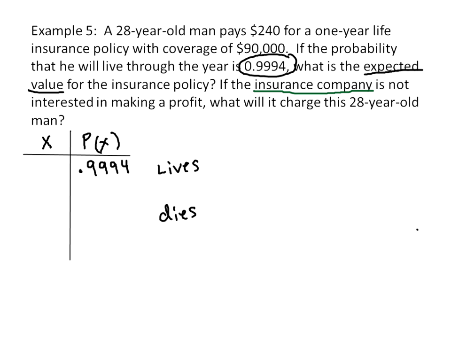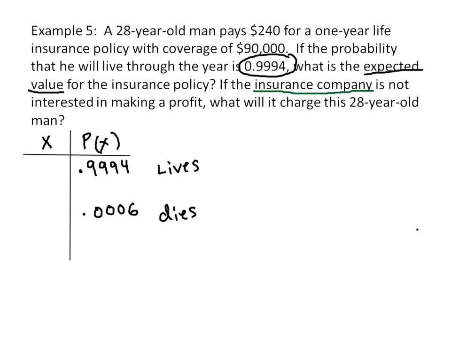Okay, it's supposed to equal 1. So if we know the probability that he lives, we should know the probability that he dies, because whatever adds up to 1. So we just subtract it from 1 and we get the probability that he dies.